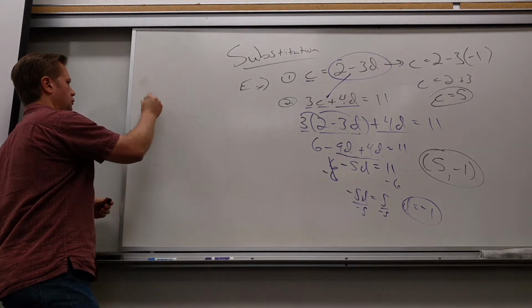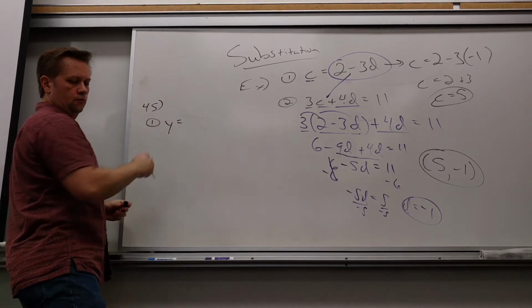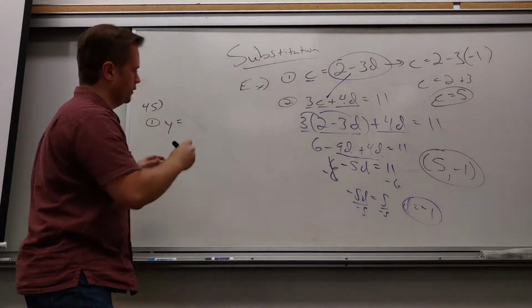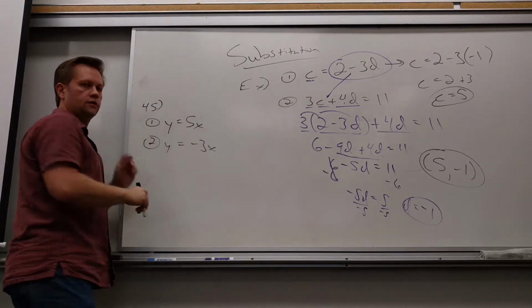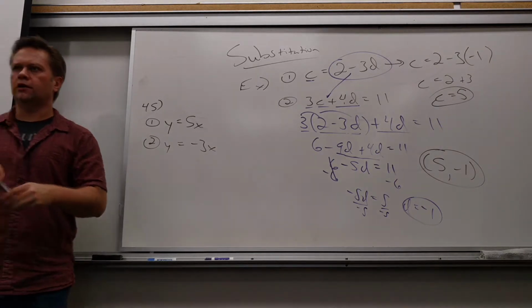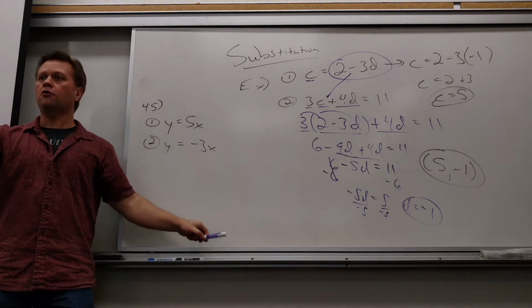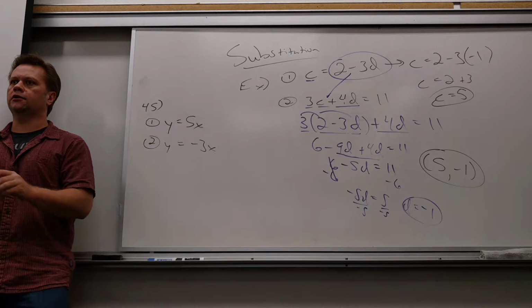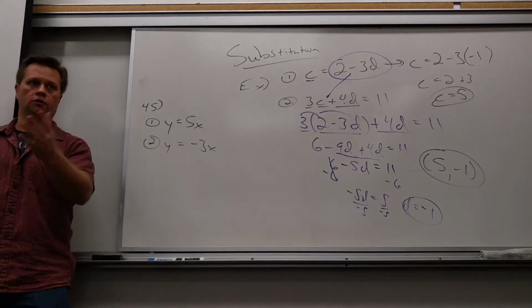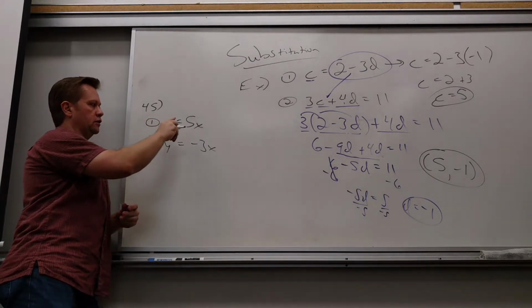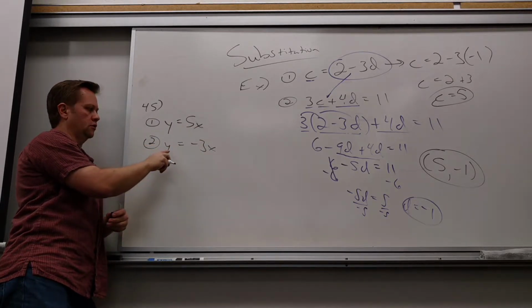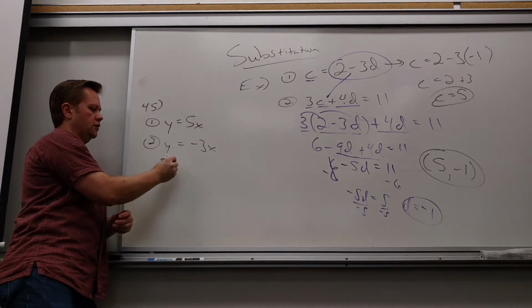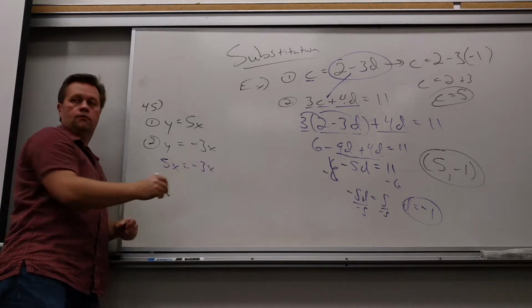45 is kind of a silly little problem. What do they got? y equals 5x, y equals -3x. I like the way you're thinking at first, but both equations have how many letters in them? 2. The first equation tells me that y is 5x. So how do I rewrite the second equation? Put 5x there, minus 3x.